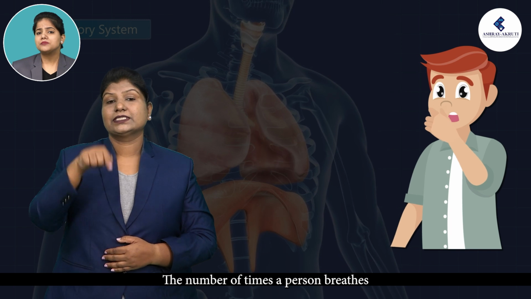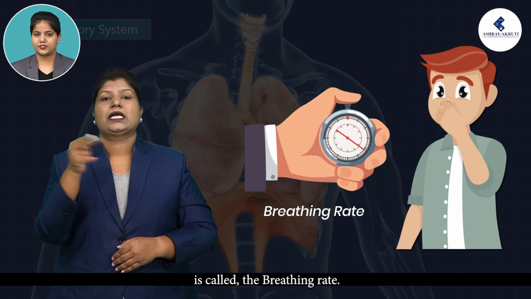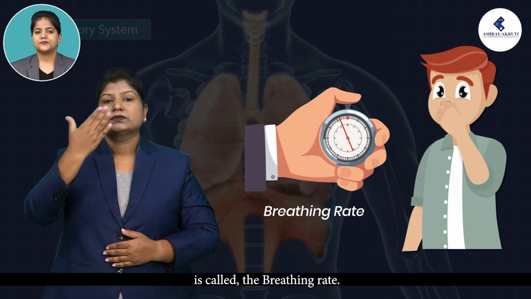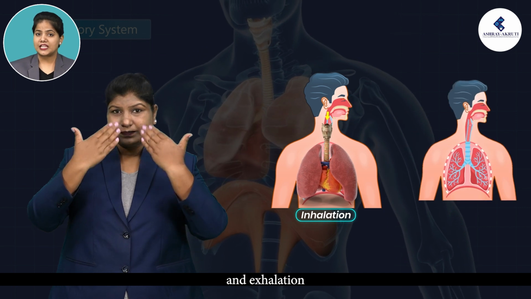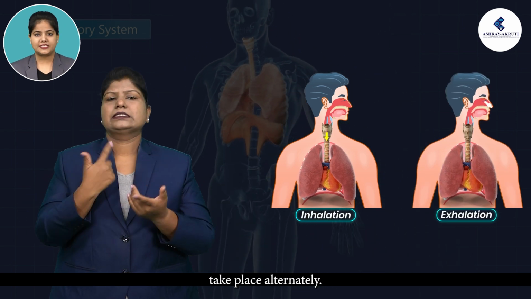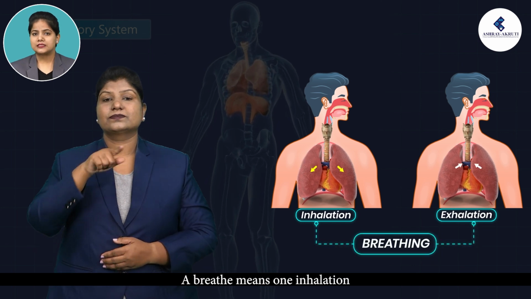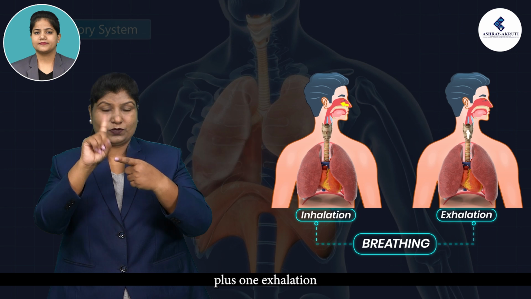The number of times a person breathes in a minute is called the breathing rate. During breathing, inhalation and exhalation take place alternately. A breath means one inhalation plus one exhalation.